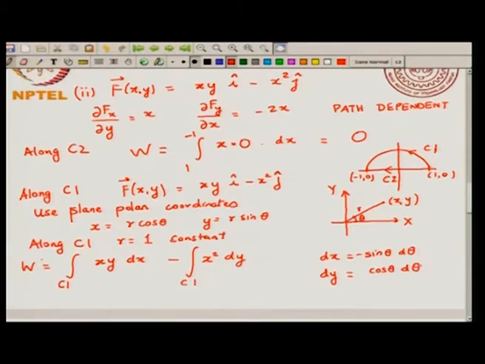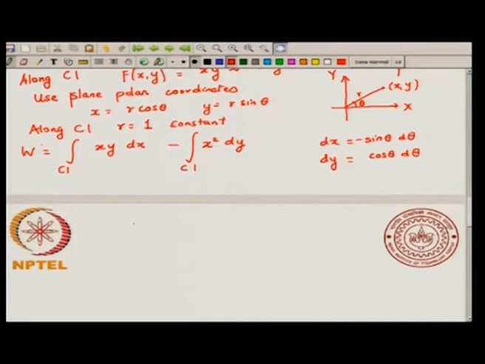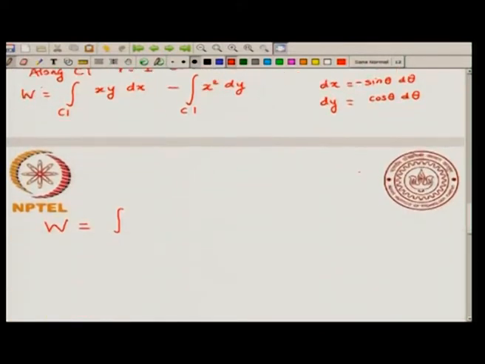So both dx and dy can be expressed in terms of theta, and similarly I can express x and y in terms of theta, taking r equal to 1. So I can calculate the work as an integral. Now theta along this path goes from 0 to pi, so what you have is the integral from 0 to pi.